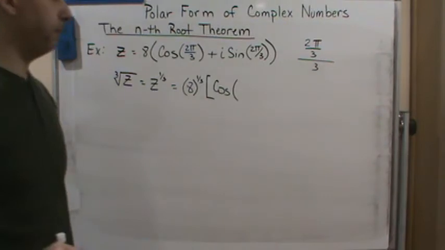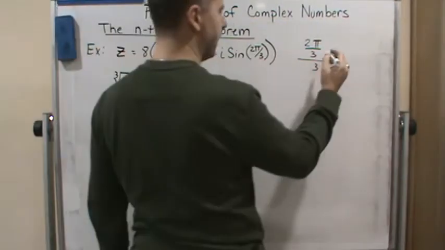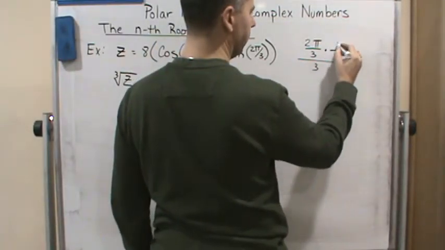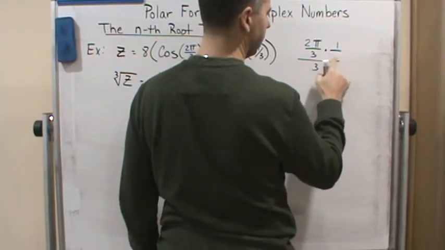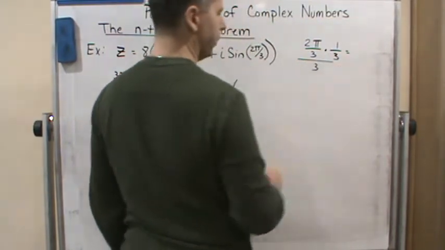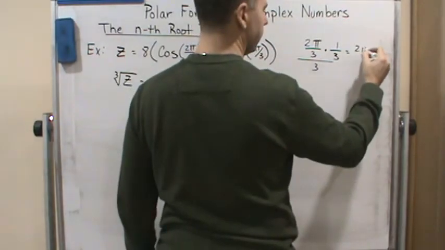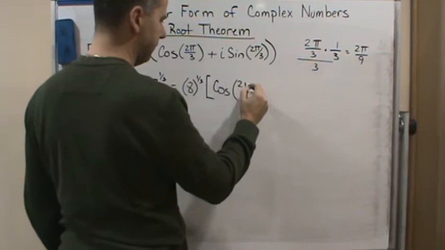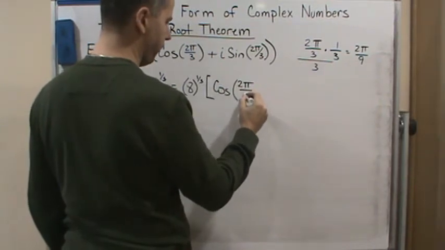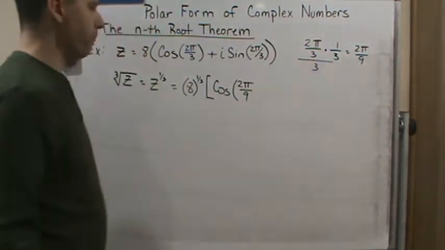Divide by 3, right? So this is going to be the same as multiplying by the reciprocal, 1/3. Which is going to give me 2 pi over 9. Okay.